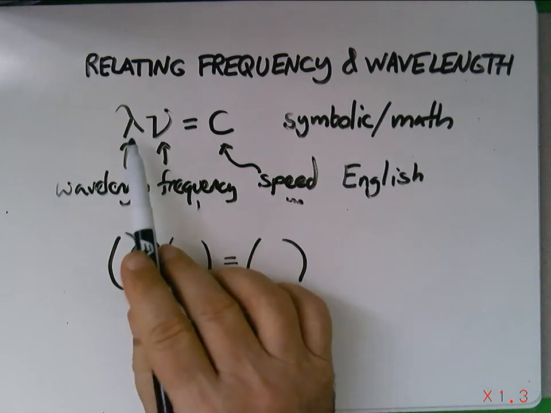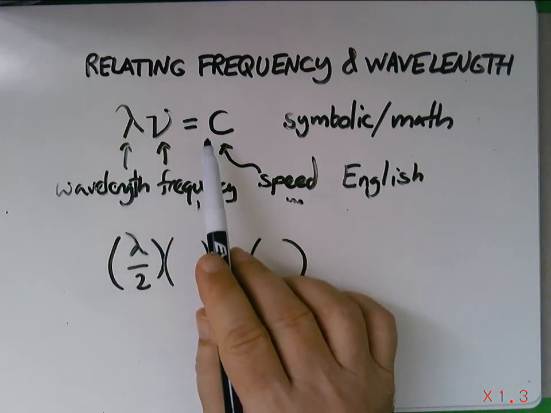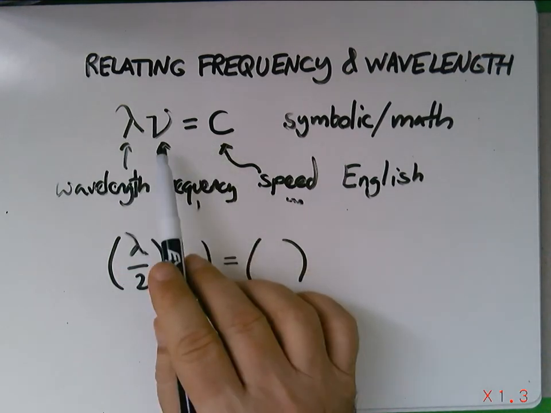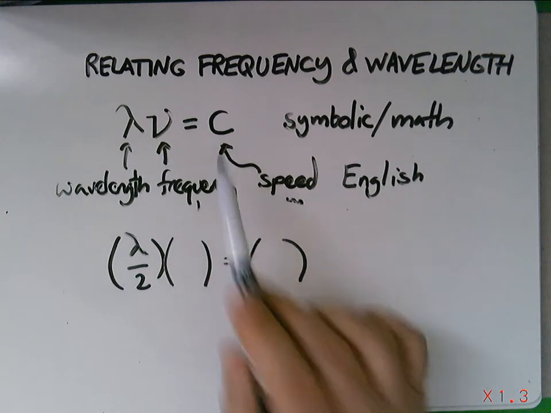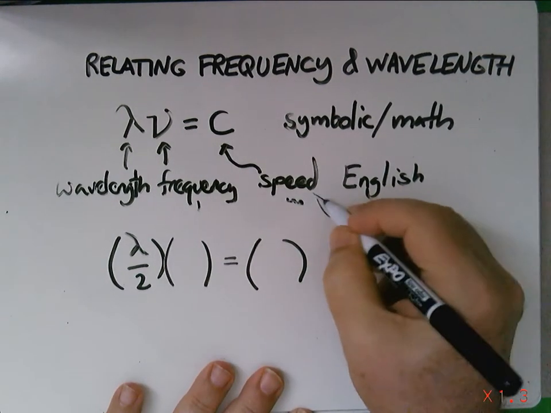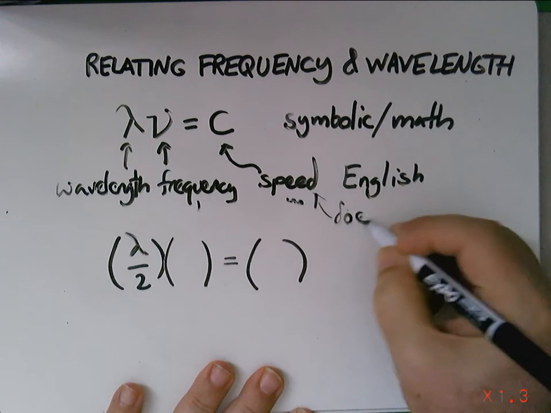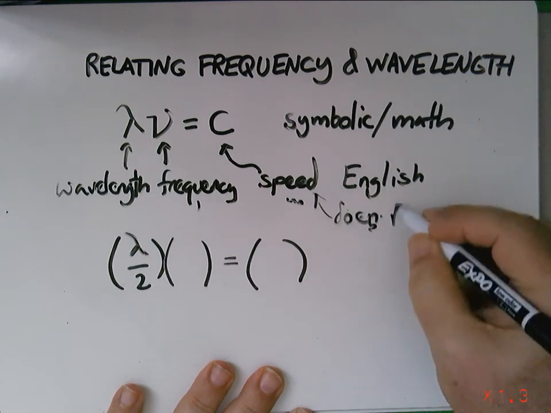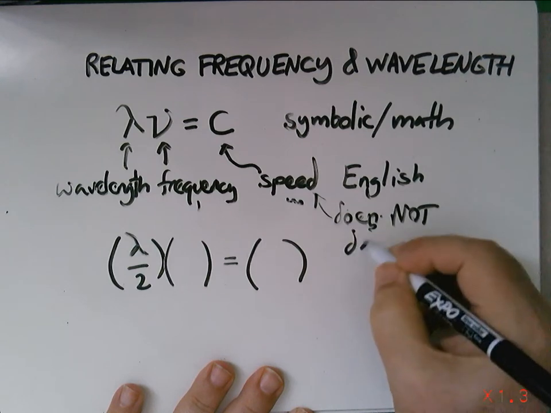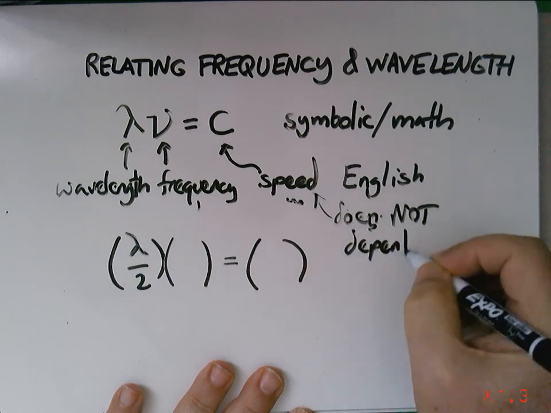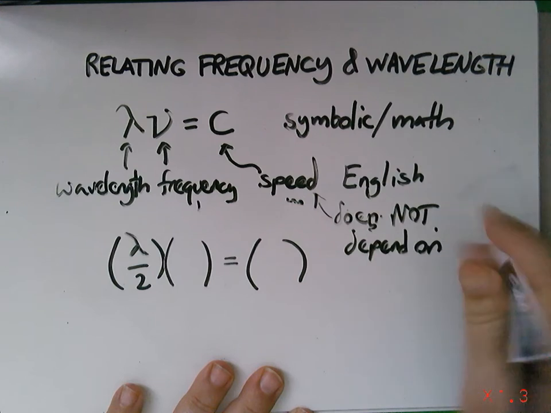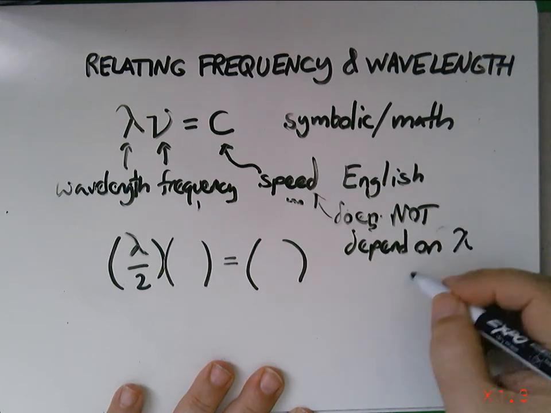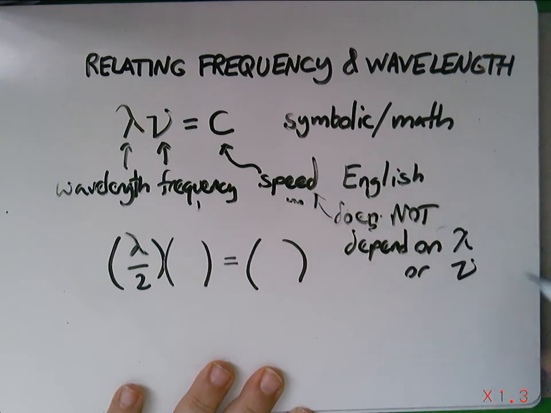Now, changing the wavelength does not change the speed. Changing the frequency does not change the speed. The speed does not depend on just wavelength or just frequency.